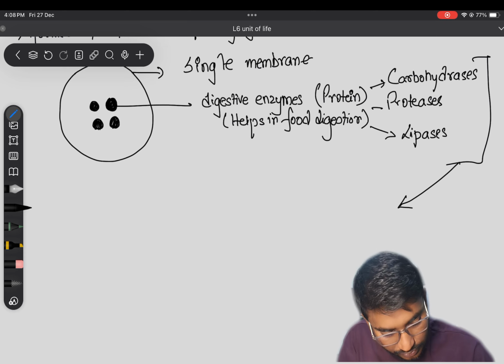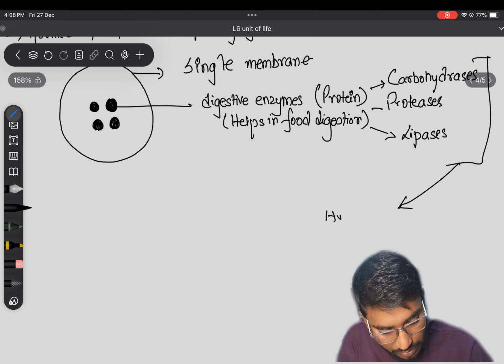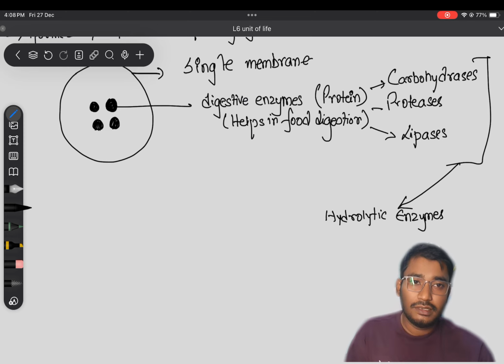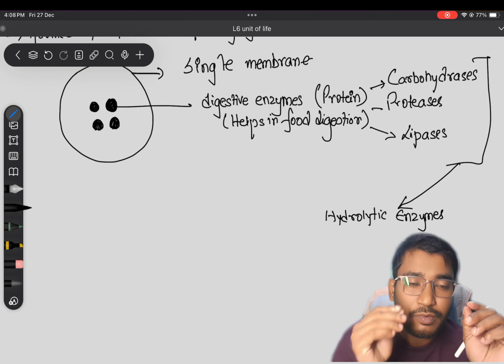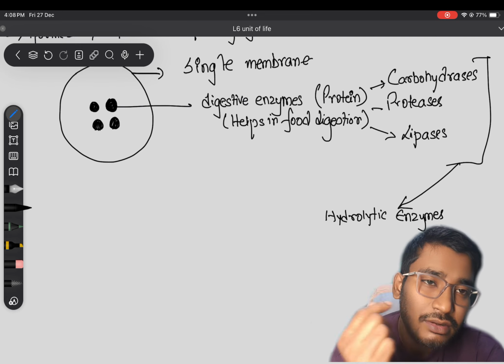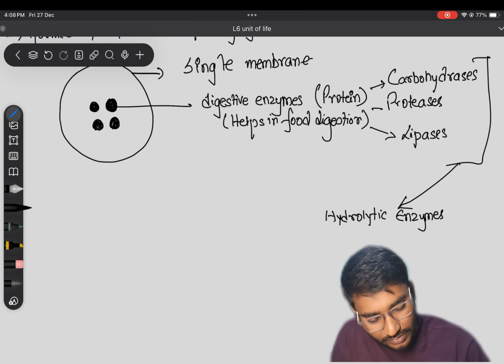They are called hydrolytic enzymes. They need water to function, because these bonds are broken by reaction with water. So these are called hydrolysis enzymes.